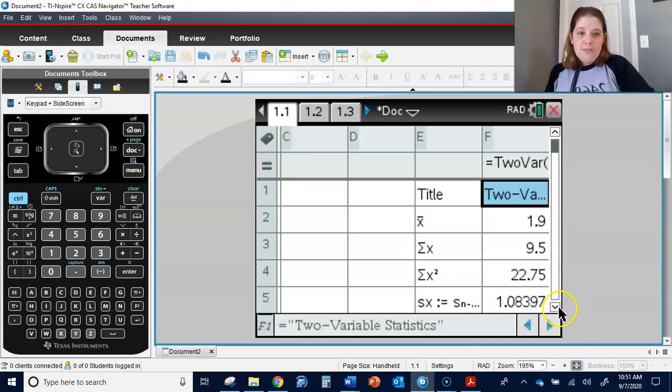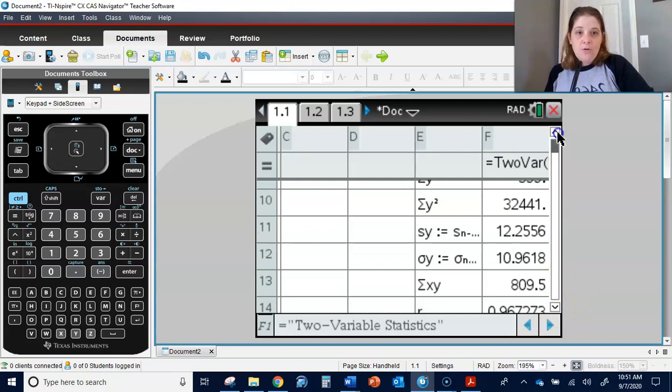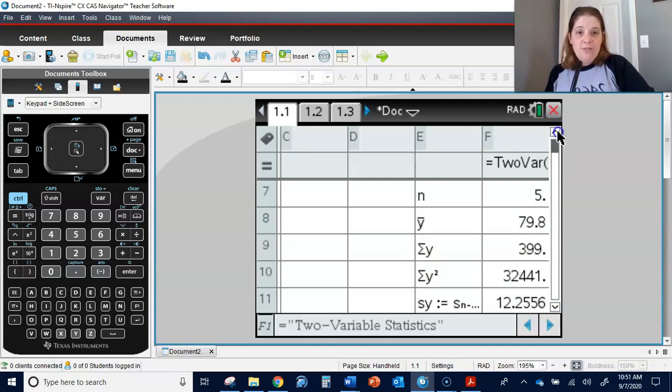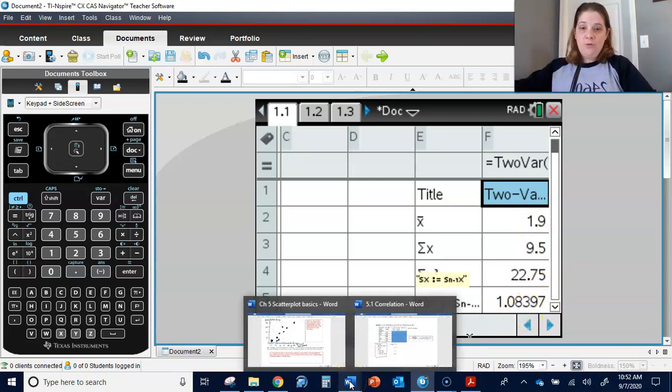You can see I get some interesting numbers over here. Just like with one variable statistics, I'm getting basically this same thing twice. So notice I see X bar, that's 1.9, and then I've got an S, which is 1.08. I'm going to go back and write those in really quickly.